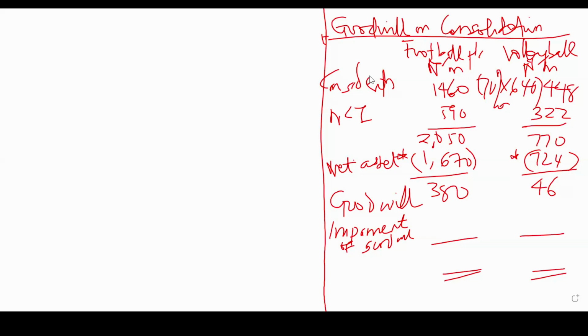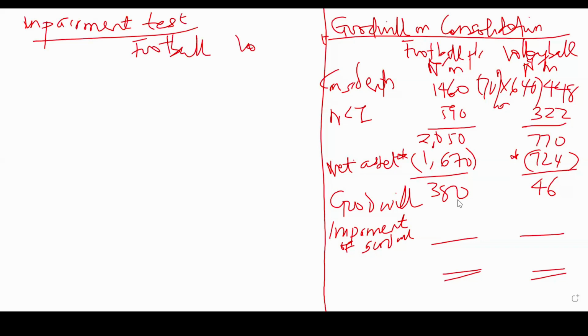So this is what I'm going to do. Let's do the impairment test together. Impairment tests for the two companies, there's Football and then there's Volleyball.